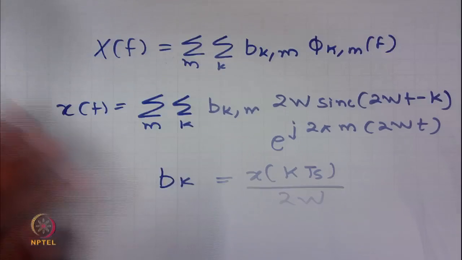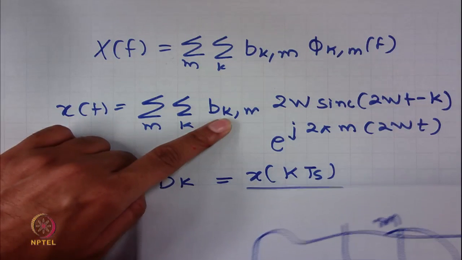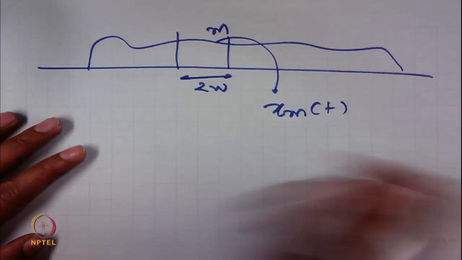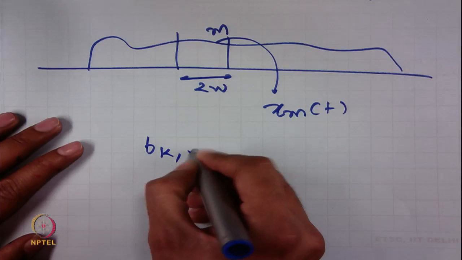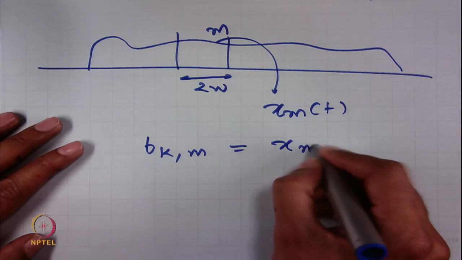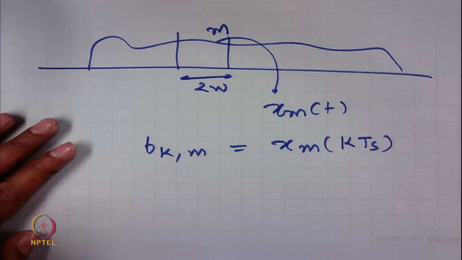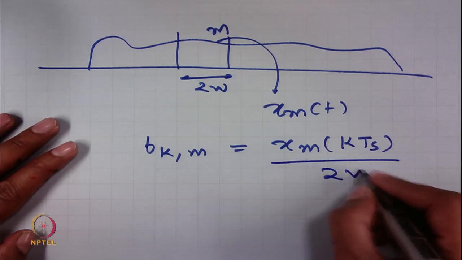So, these BKMs are nothing but the samples corresponding to this xmt. I have to take the samples of this xmt and divide by 2w.